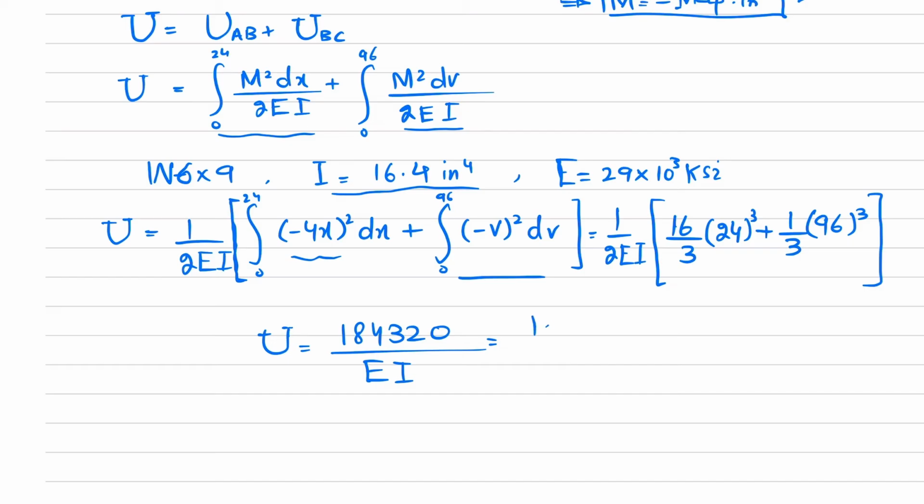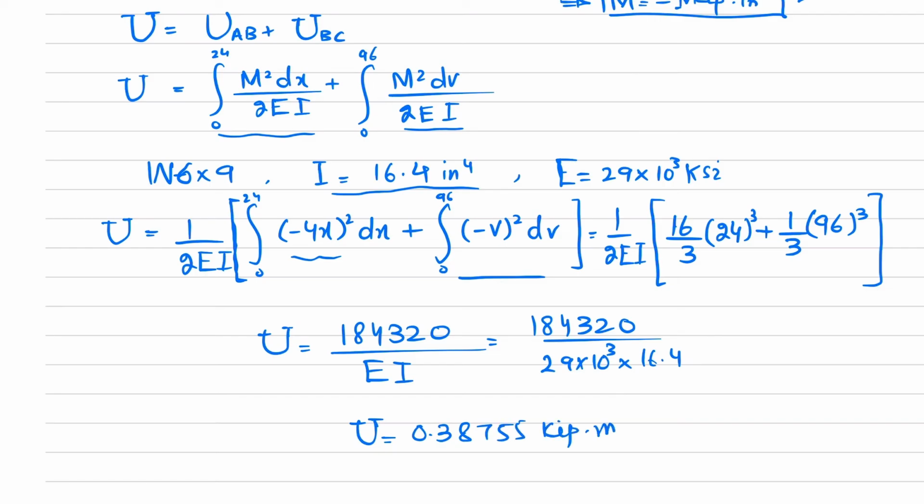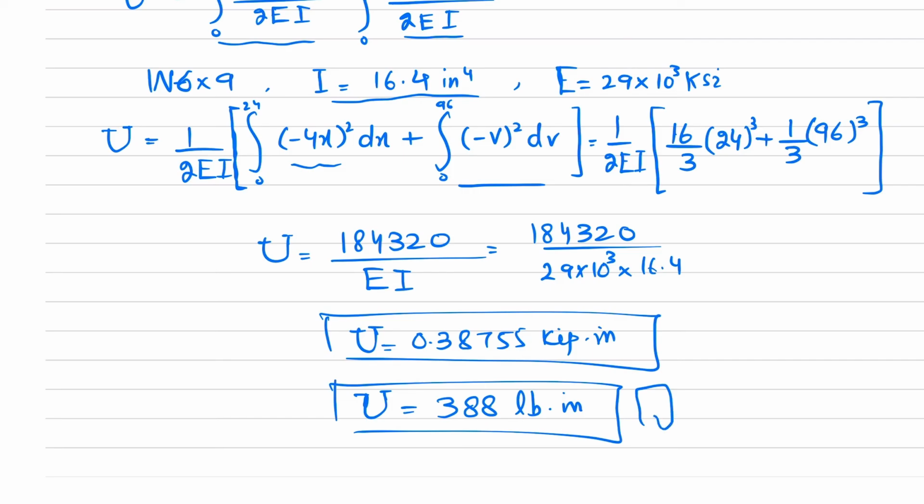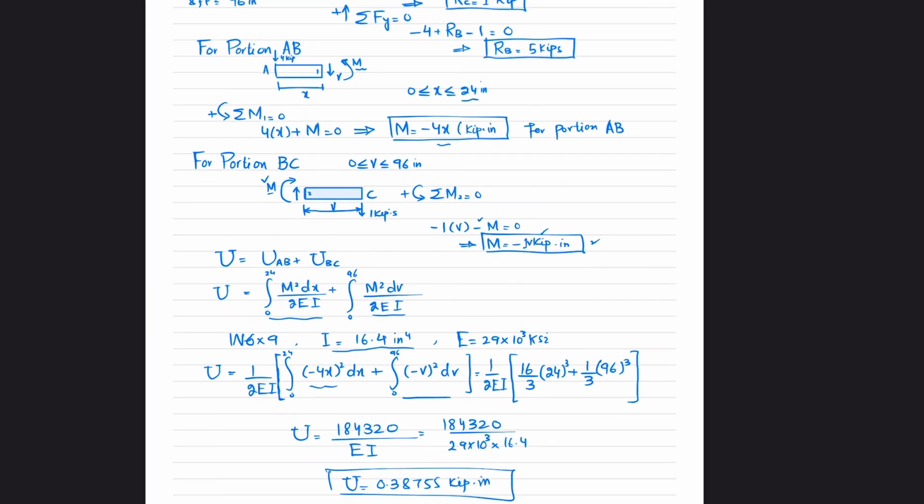Now you can put the value: 184,320 divided by E, which is 29 into 10 raised to power 3, and I is 16.4. So from here you will get 0.38755 kips into inch, or you can say that U is equal to 388 pounds into inch.